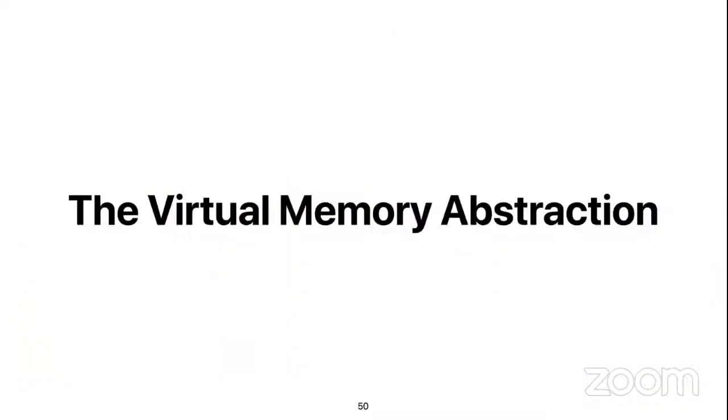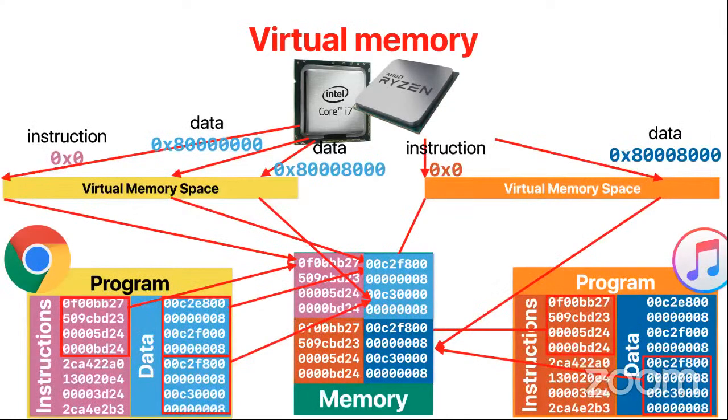Like previously, we used the process or thread abstraction to allow a single processor to run multiple programs. And again, the virtual memory abstraction will allow a single piece of memory to be shared among multiple processes. So the basic concept of virtual memory is that we provide a virtual memory space.